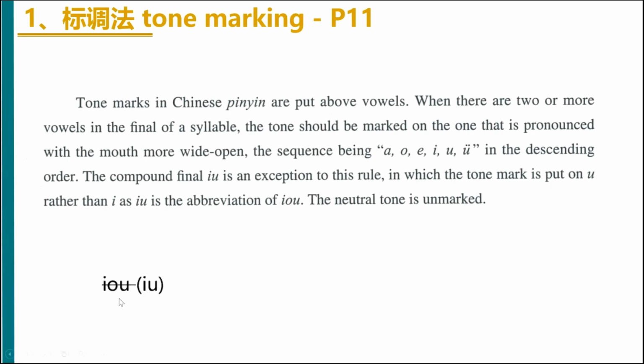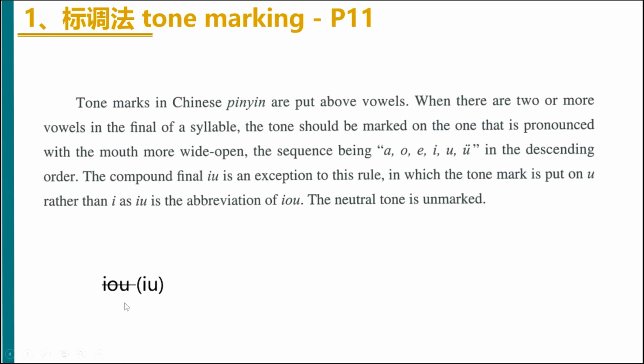And if we put the tone on its original form, we need to put it on the head of o, right? Because this first syllable with 3 alphabets follows the normal rule, where we mark the tone on the vowel with the mouth most wide open, which is o here.